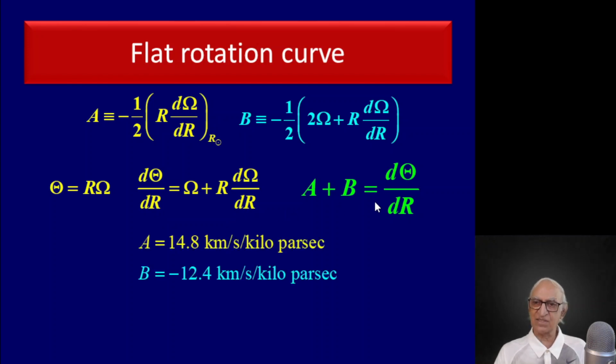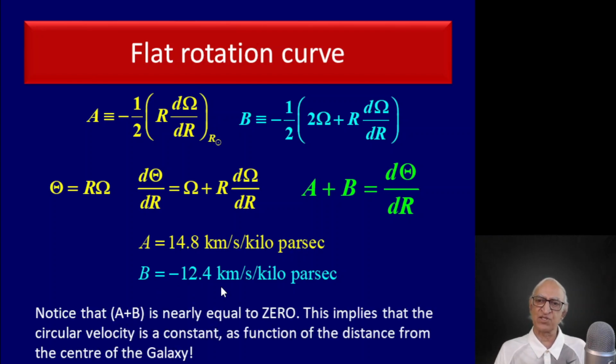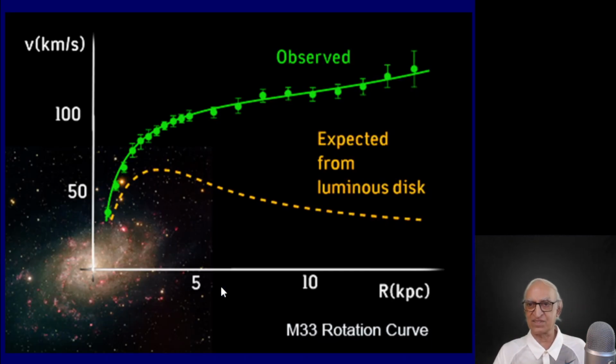Now, let us take the modern values of A and B: A is 14.8 kilometers per second per kiloparsec, and B is minus 12.4, and you find that A plus B is very nearly 0. In other words, Oort's constants themselves are telling you that the angular velocity or the circular velocity is a constant as a function of the galactocentric radius in the solar neighborhood. Of course, now we have, using 21 centimeter radiation, seen this to be true over very large distances.